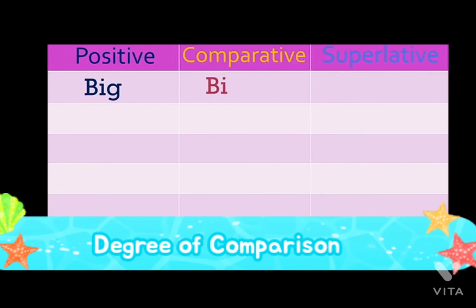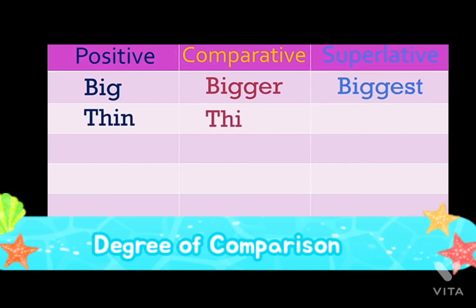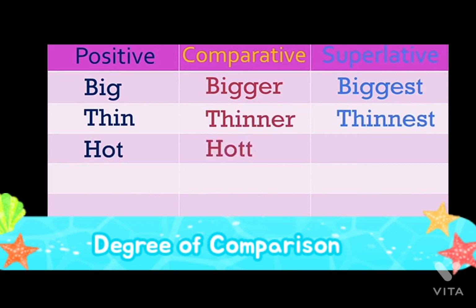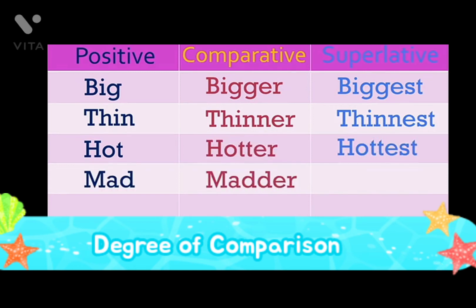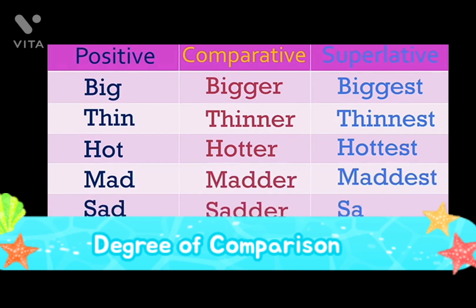Now next is big, bigger, biggest; thin, thinner, thinnest; hot, hotter, hottest; mad, madder, maddest; sad, sadder, saddest.